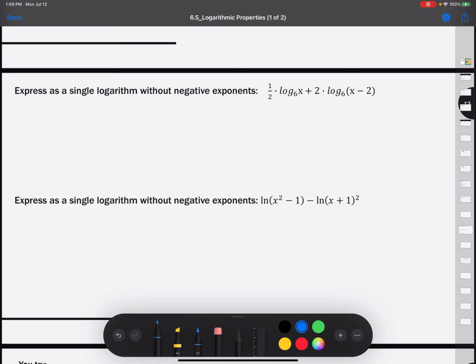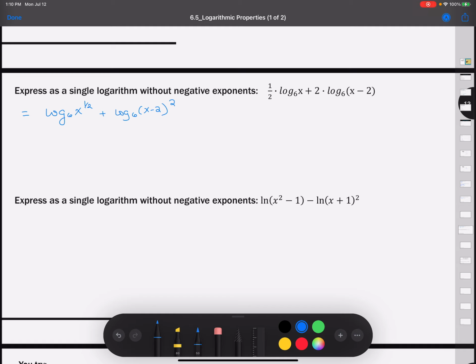So now we want to express this as a single term. So we begin by moving the factors into the exponent position. So we're going to rewrite this as log base 6 of x to the 1/2, and then plus log base 6 of x minus 2 quantity squared.